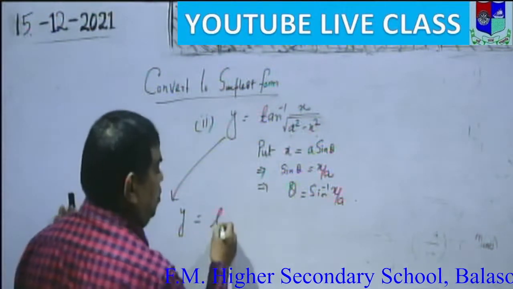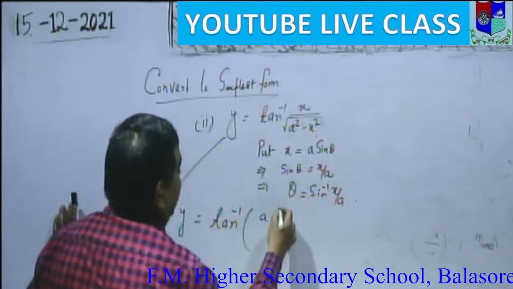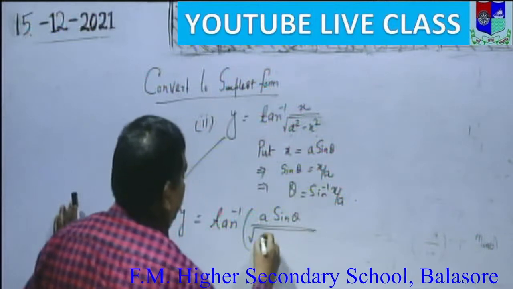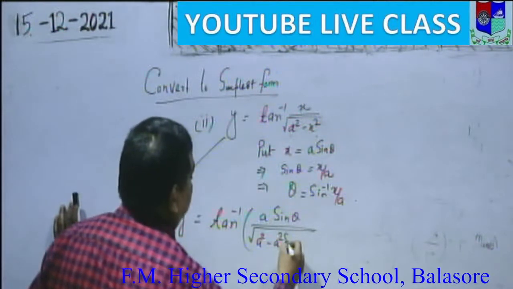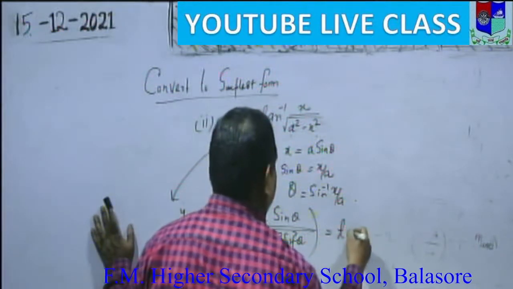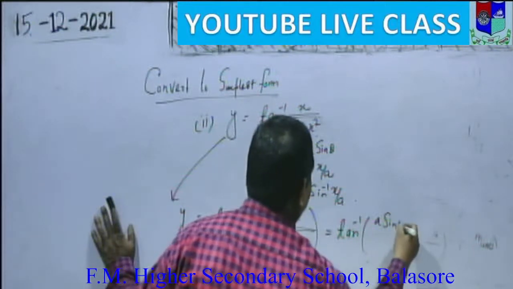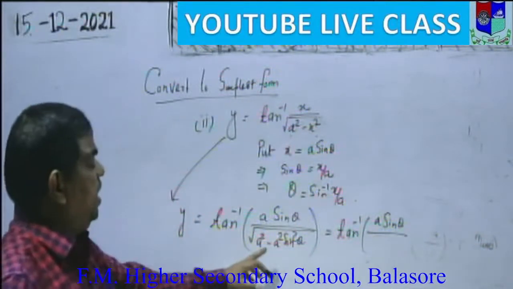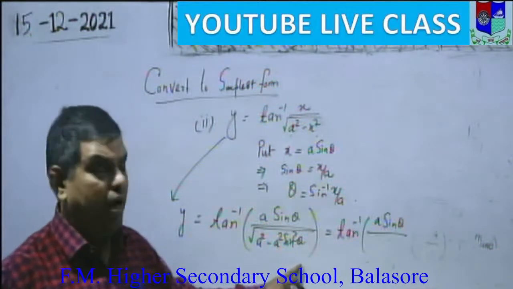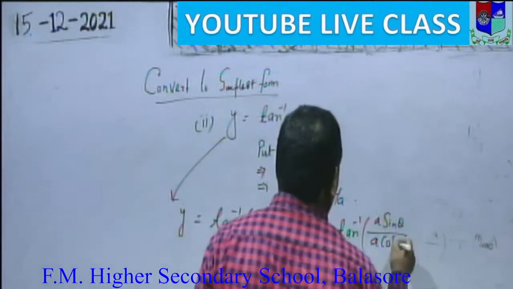Y is equal to tan inverse of x, which we write as a sin theta, by square root of a square minus a square sin square theta. Your tan inverse a sin theta. In the denominator, a square taken common, 1 minus sin square is cos square. Square root of a square cos square is a cos theta.